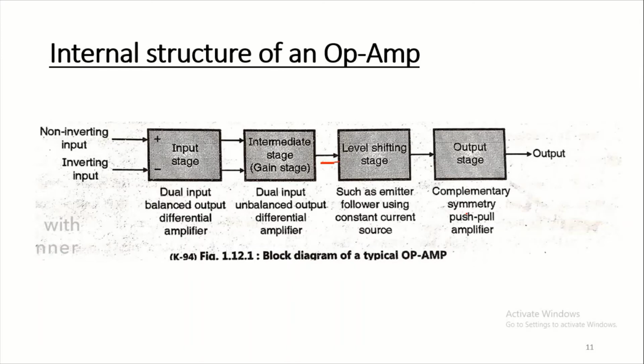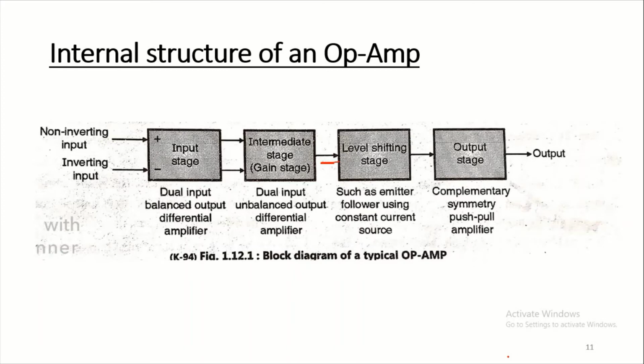Complementary symmetry push-pull amplifier. A push-pull amplifier is one type of power amplifier which is used to supply high power to the load. It consists of two transistors, one NPN transistor and the second a PNP. The first transistor pushes the output on the positive half cycle and the other pulls on the negative half cycle.